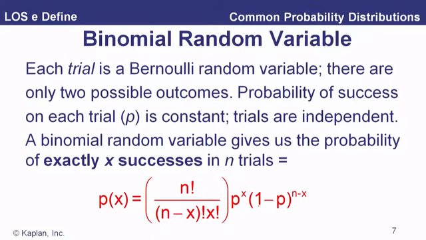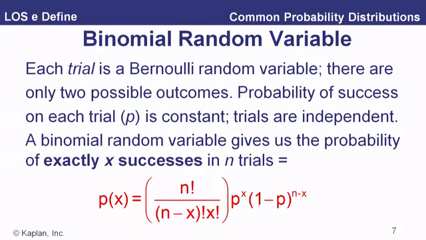So we have to define one of the outcomes of the Bernoulli random variable as success. It doesn't matter which one, and may depend on the context of the problem. The probability of success on each trial is constant, and the trials are independent. The outcome of one trial doesn't tell you anything about the outcome of another.